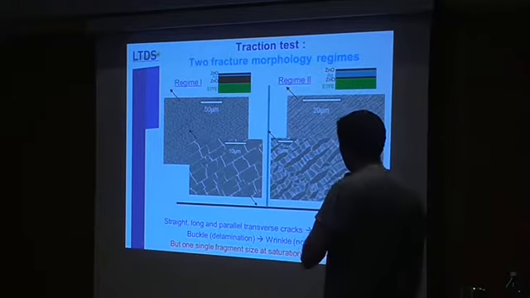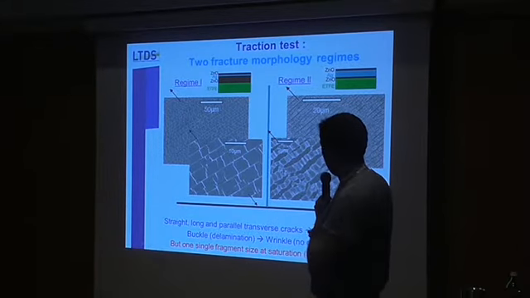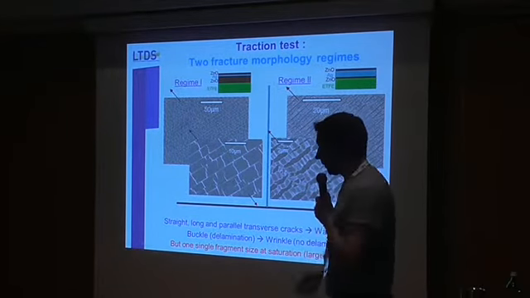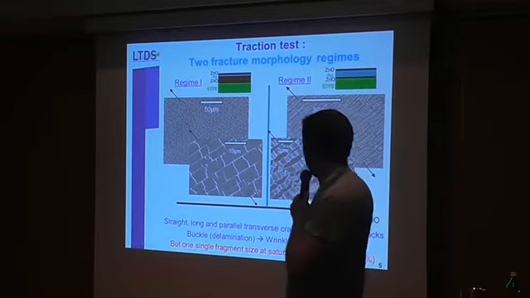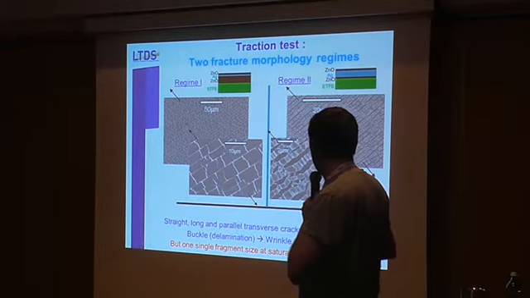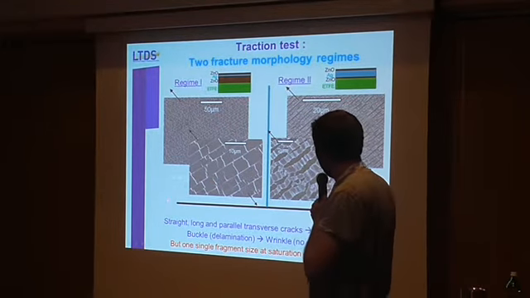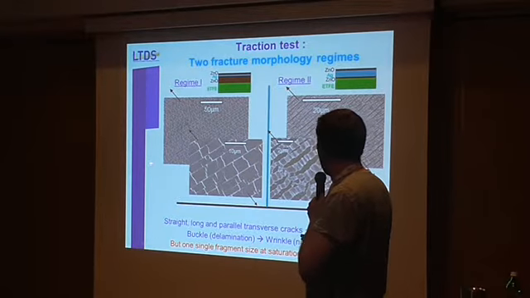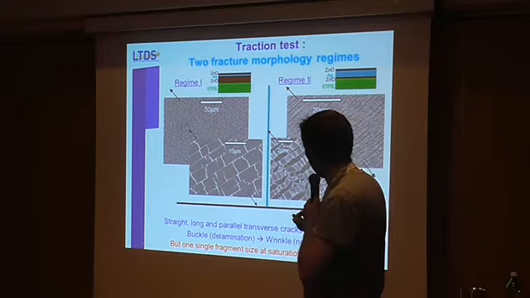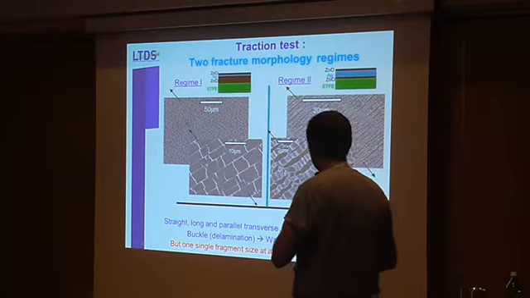And by performing a very simple traction test in the direction of the arrows here, we find that there are two different regimes depending on the ratio thickness between silver and zinc oxide. When this ratio is low, you observe very long straight cracks that are parallel and perpendicular to the traction direction, and that go through the whole sample.